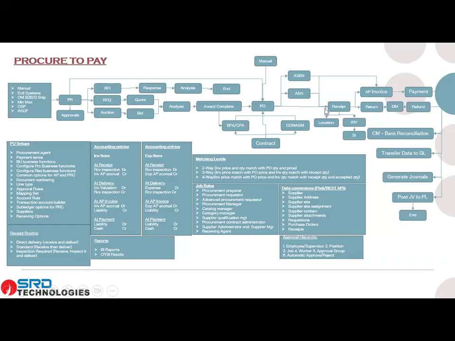The supplier ships the stock, we receive it into inventory and maintain the stock in sub inventory. Then against the receipt we maintain the AP invoice and make the payment.